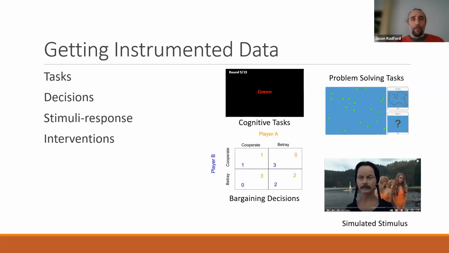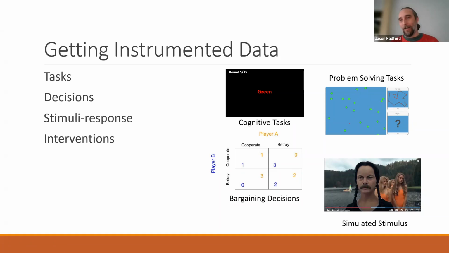So we're going to talk about getting instrumented data. With instrumented data, it's really up to you to build the instrument. We have 4 examples here of this task, like a cognitive task.